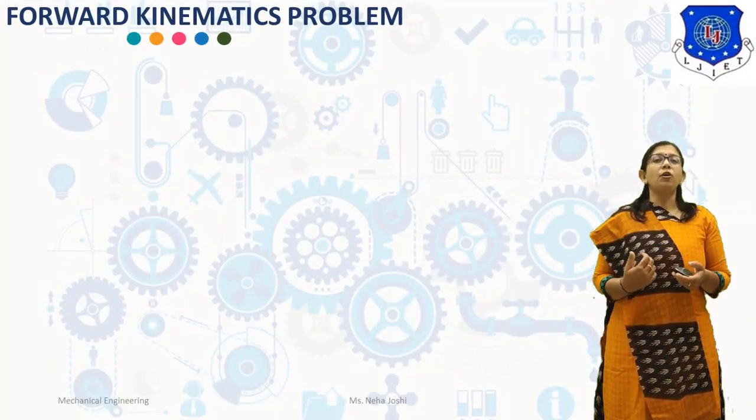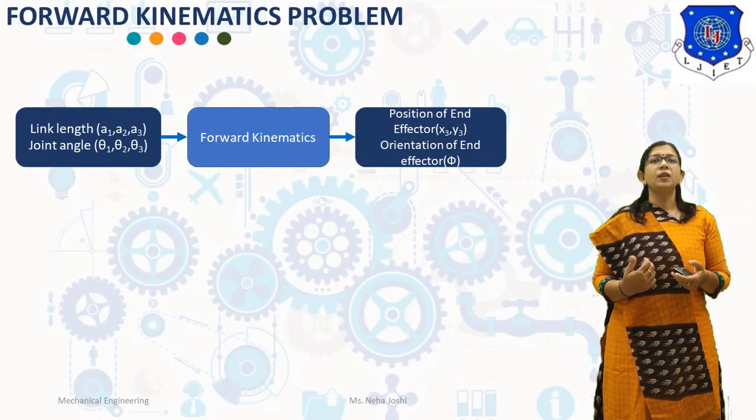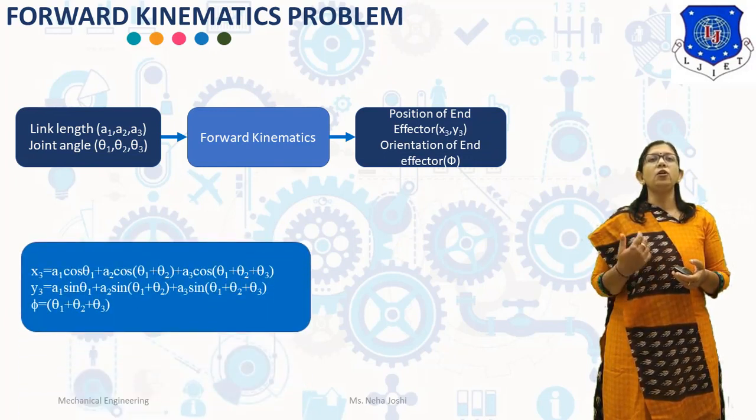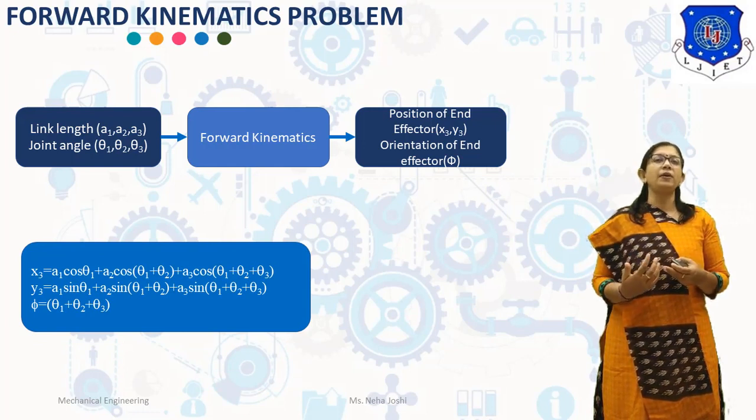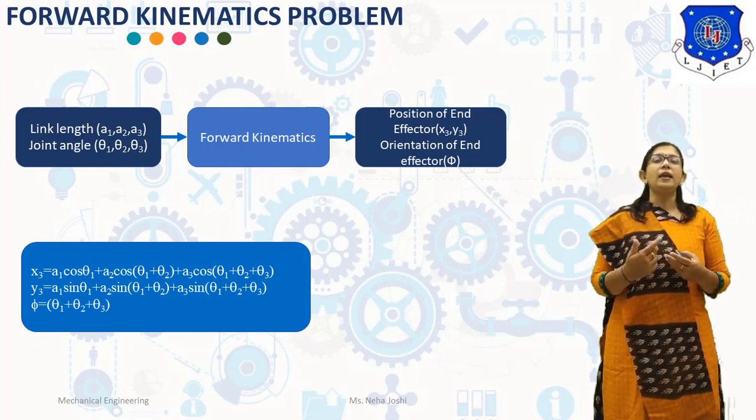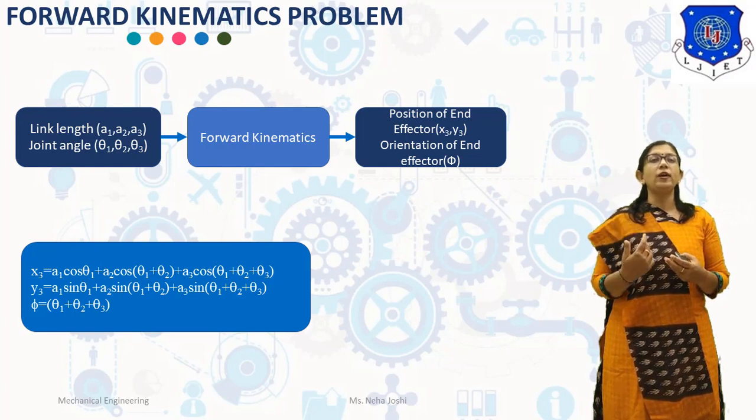Now in forward kinematic problem, the position x3, y3 and the orientation phi of the end effector are determined from the known parameters which are link length a1, a2 and a3 and the joint angle theta 1, theta 2 and theta 3.